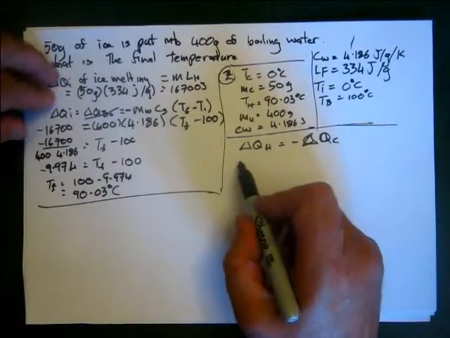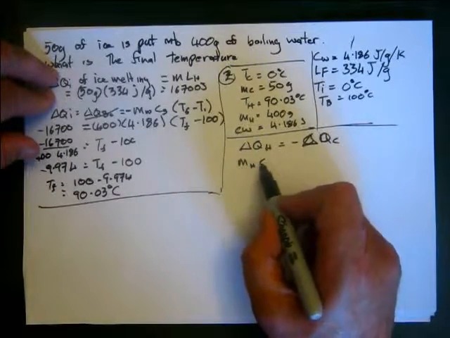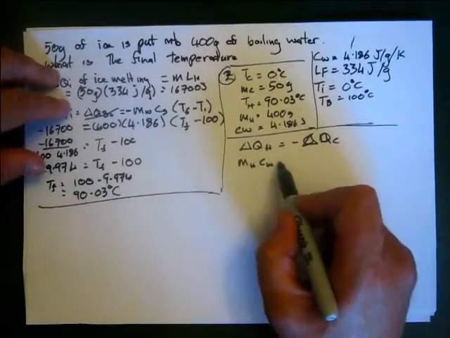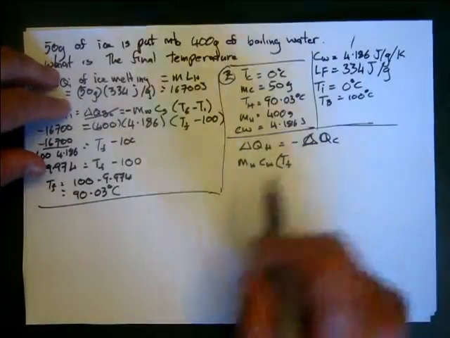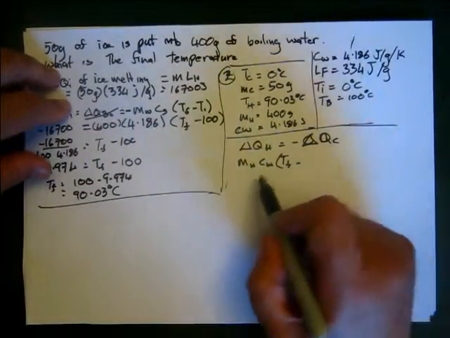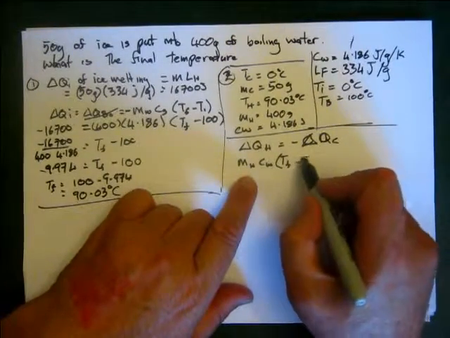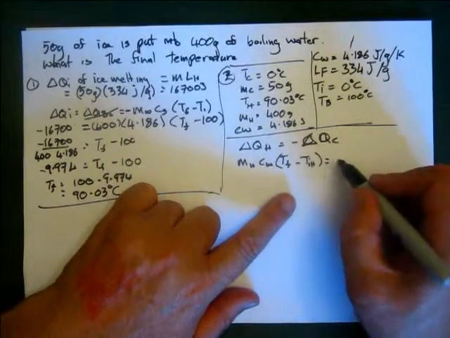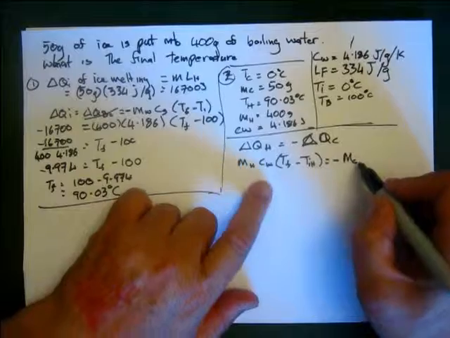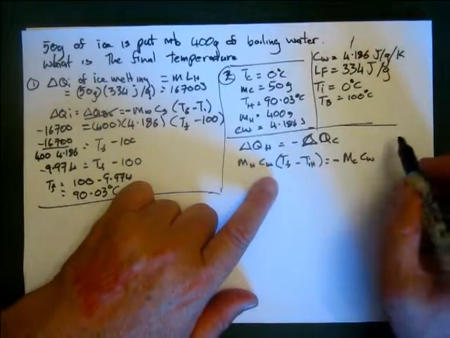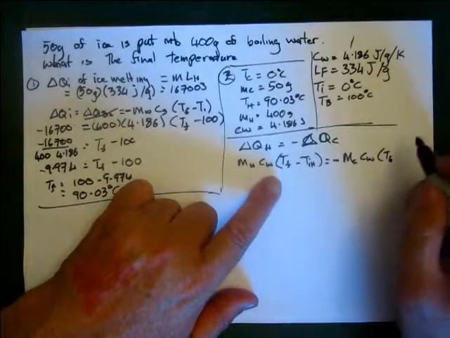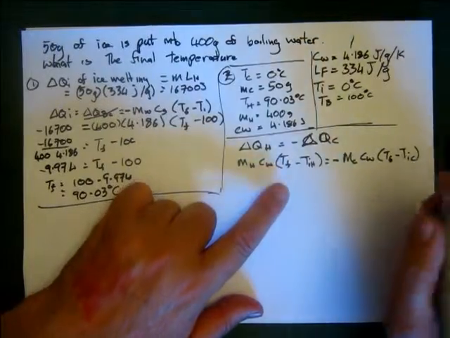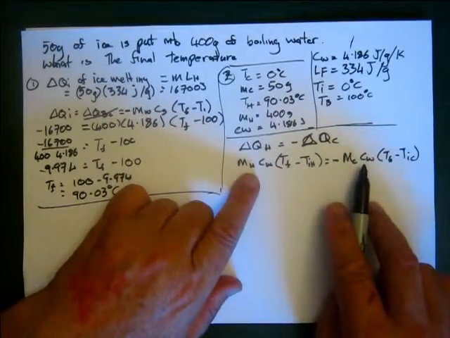The change in heat of the hot is the mass of hot water, specific heat of water, because remember, it's all water now, times temperature final, because that's what we're trying to find for part 2, minus temperature hot initial, equals negative mass cold, specific heat of water, temperature final minus temperature initial cold. You'll notice there's a CW on both sides.